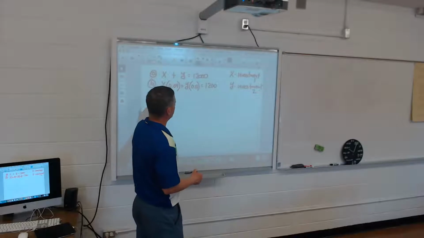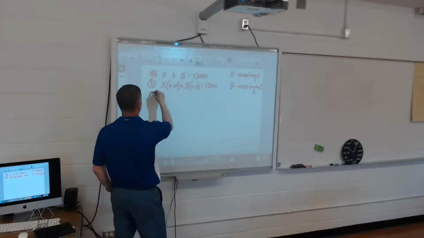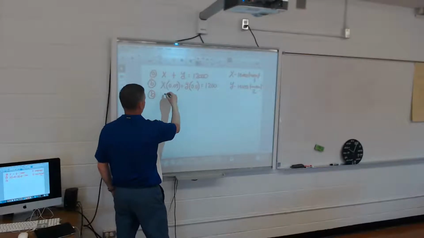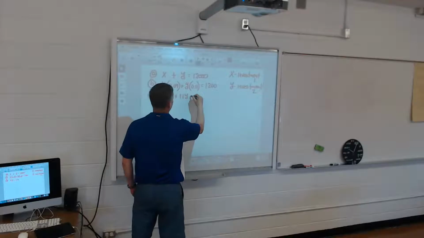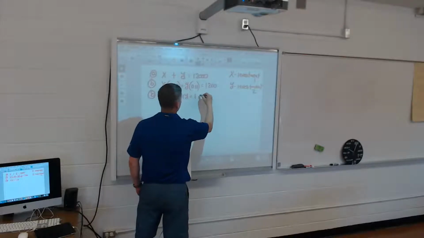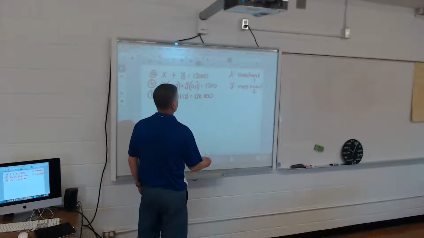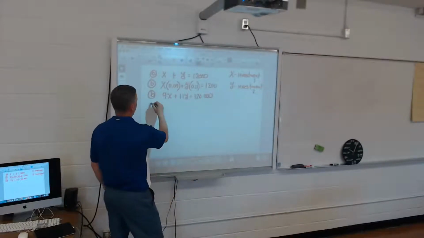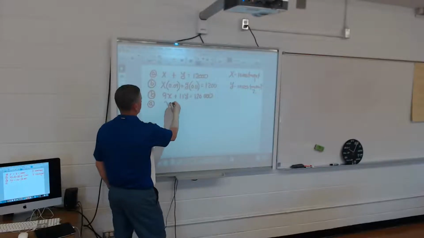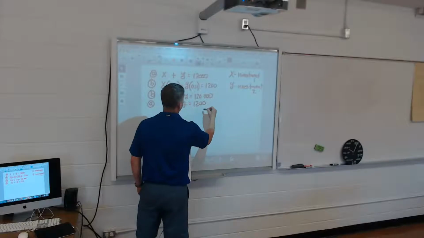What that's doing is allowing me to get rid of my decimal. So for B, I'm going to have 9x plus 11y equals 120,000, because I also have to multiply that by 100. My A is x plus y equals 12,000.